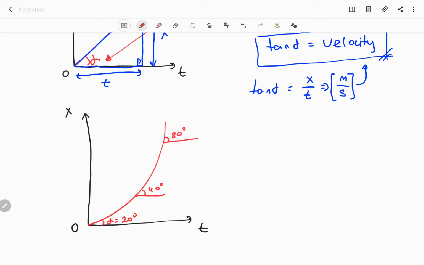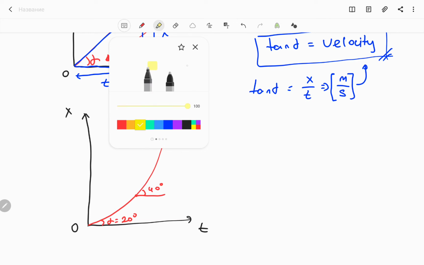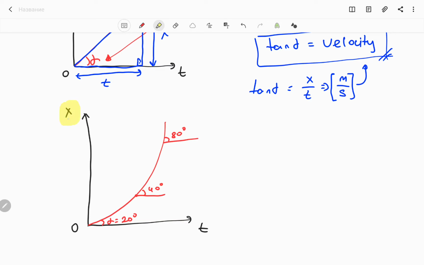Alpha increases, the angle increases, it means velocity increases. Of course, you should not forget that if you have a position time graph, tangent alpha or slope gives you velocity. When the angle increases, it means velocity increases.